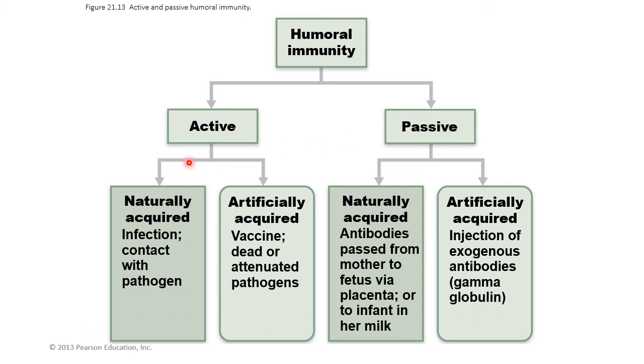Remember, active you have memory, passive you do not. Naturally acquired passive immunity is from the mother. Artificially acquired passive immunity comes by way of injection. So you want to remember these four pathways: natural active, artificial active, natural passive, artificial passive, and how they're defined.